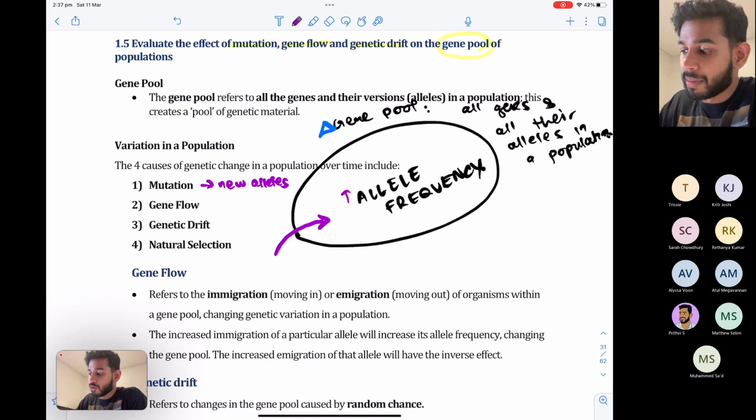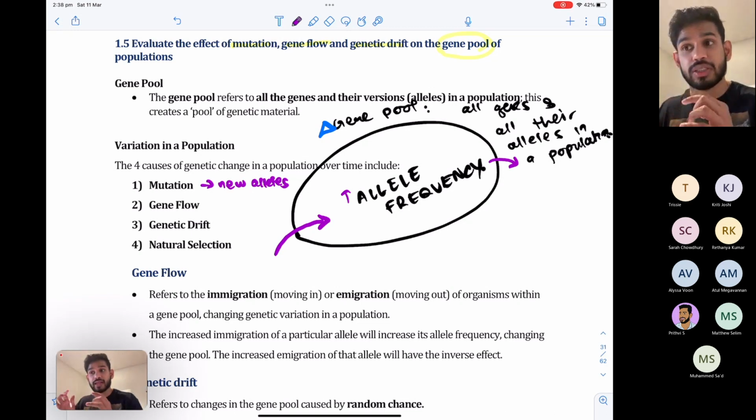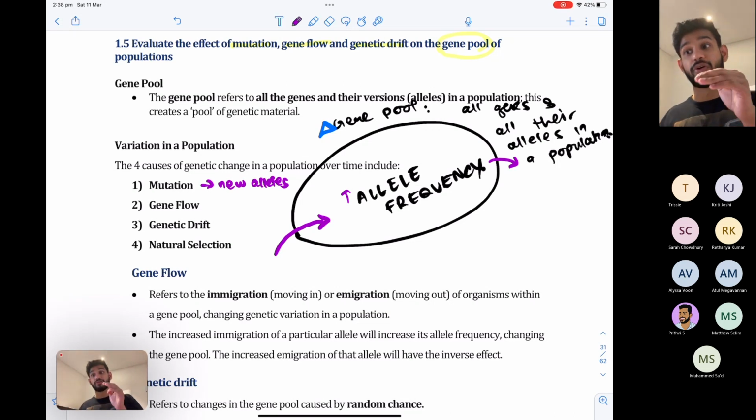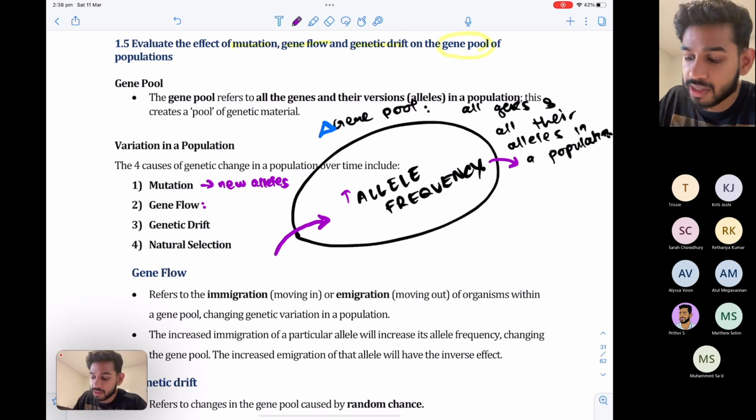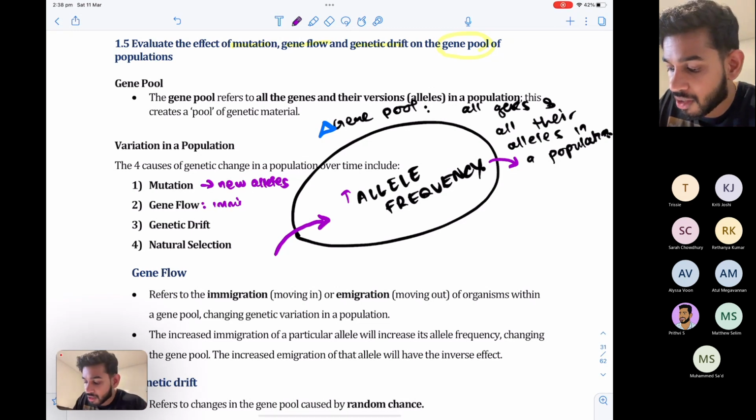And when that same organism leaves the gene pool, the alleles are removed, and the allele frequency decreases. That's all gene flow is, right? It's kind of like showing you that there's water flowing into this pool and out of the pool, but the water is genes, right? That's why it's called gene flow. Gene flow literally means immigration or emigration.